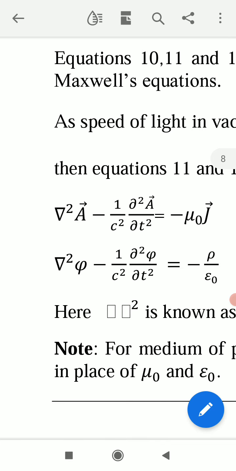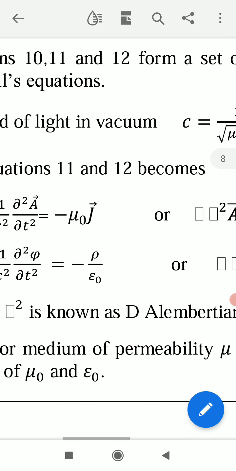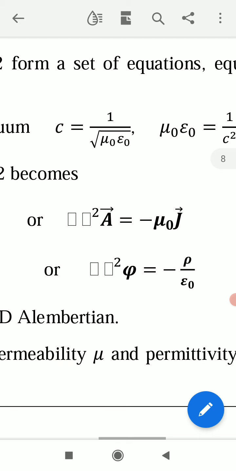Del square A minus 1 upon c square d2 A upon dt square can be written as this del square A. Now here we use this rectangle symbol, and this rectangle we also call del square. This del square, where we use this rectangle, is known as D'Alembertian.